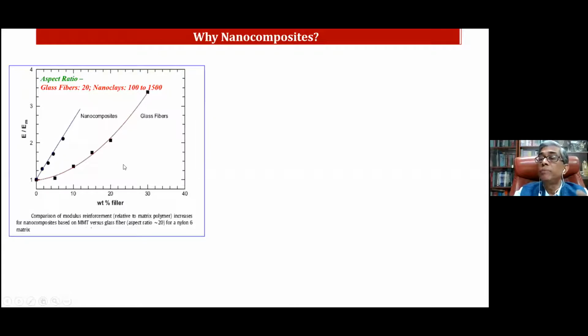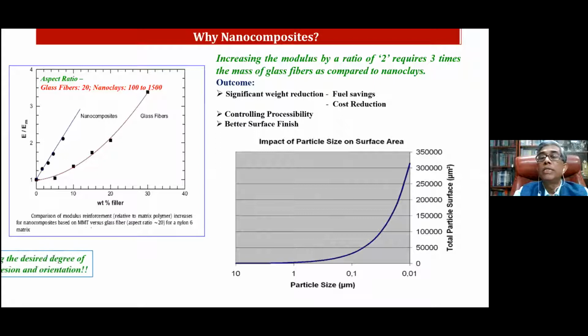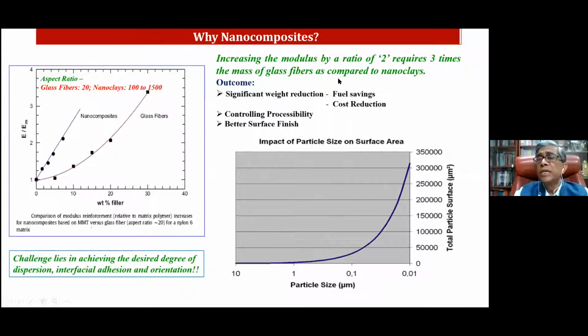So whatever 20%, 30% glass fiber is giving, the modulus change can be given by only 5% or even less of the nanofiller. The modulus increased by a ratio of 2, while the glass fiber requirement is increasing by 3.